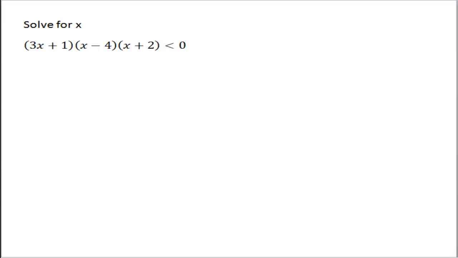Now if we look at the 3 critical values here, it will give us 4 regions basically, and my advice is to use the number line, and you don't have to draw it very fancifully, it's fine. x plus 2 will give you minus 2, 3x plus 1 will give you minus 1/3, and x minus 4 will give you 4.